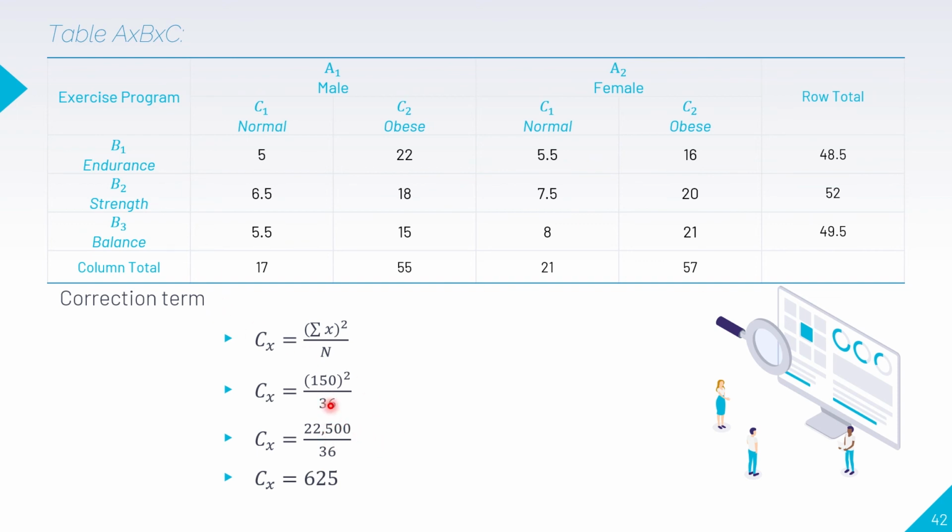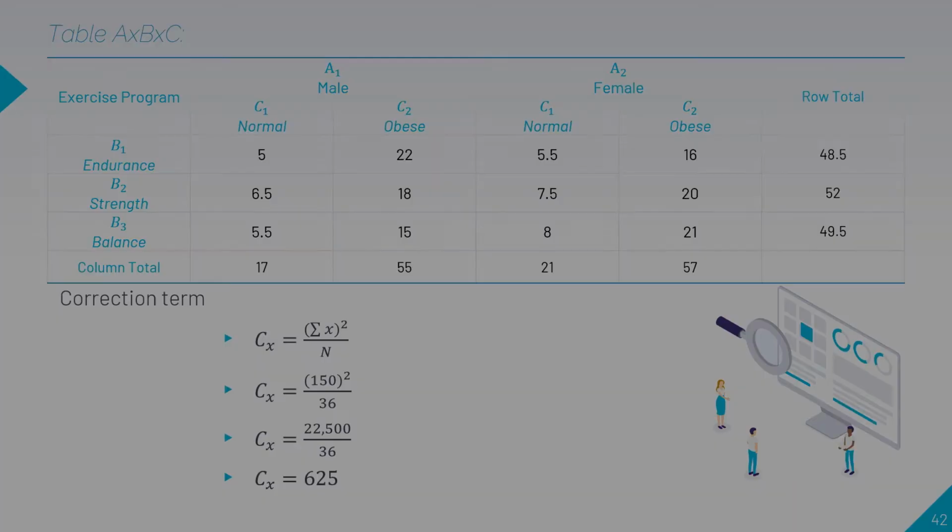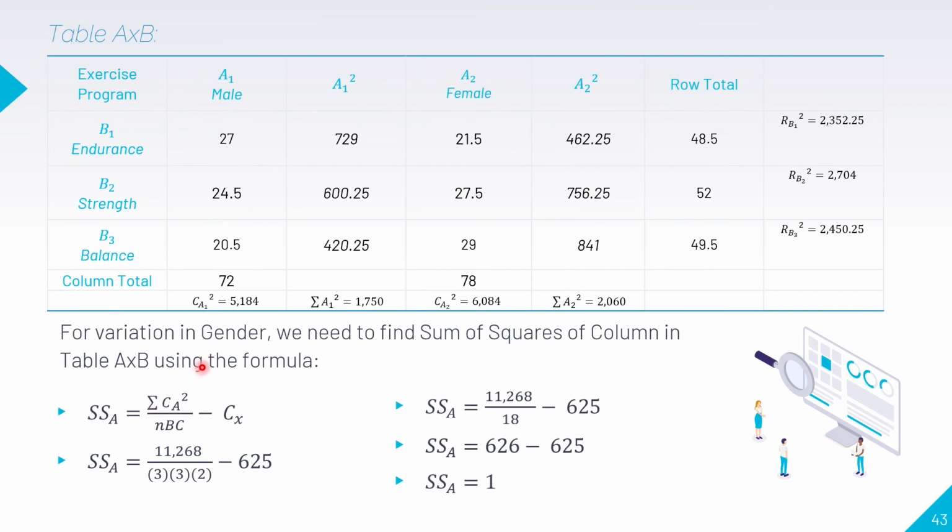We have 36 as our n because it is the total number of respondents. So divide that, and we have our Cx equals 625.